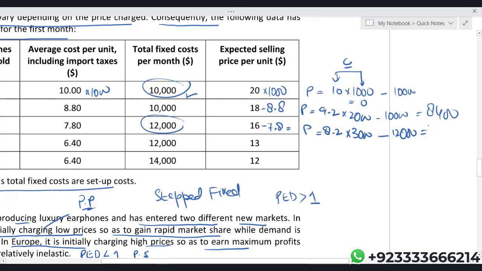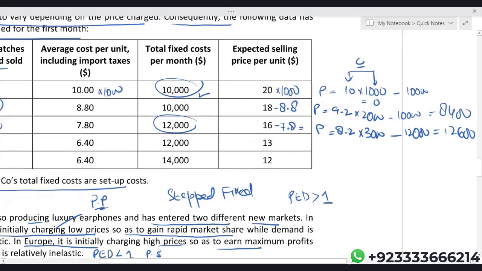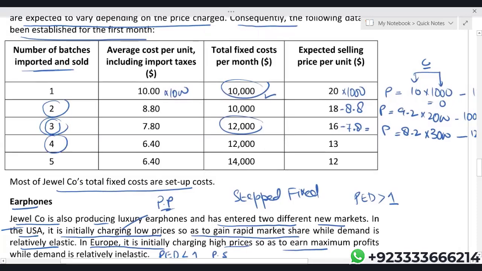So let's see how much profit they will be generating. We are generating 12,600. In case of 4 batches, the selling price is 13, variable cost is 6.4. So 13 minus 6.4, I'm getting 6.6.